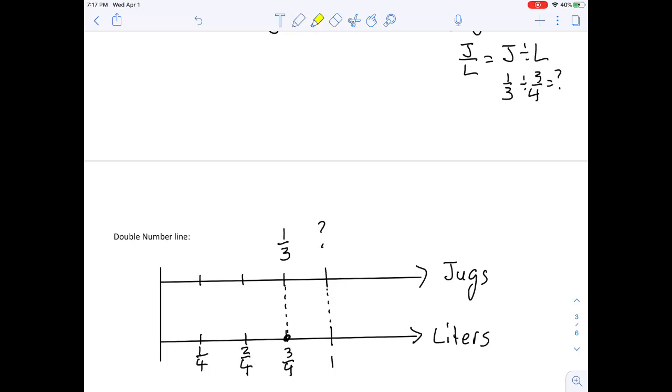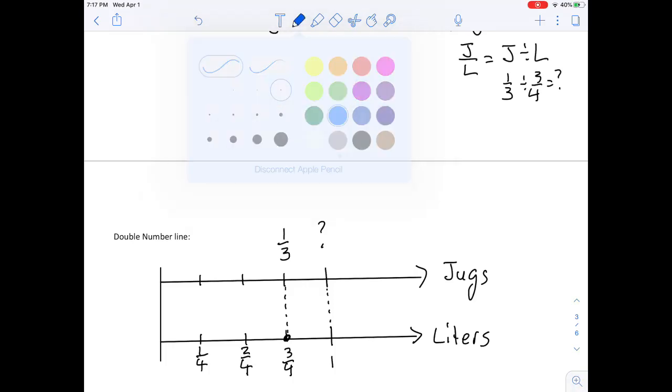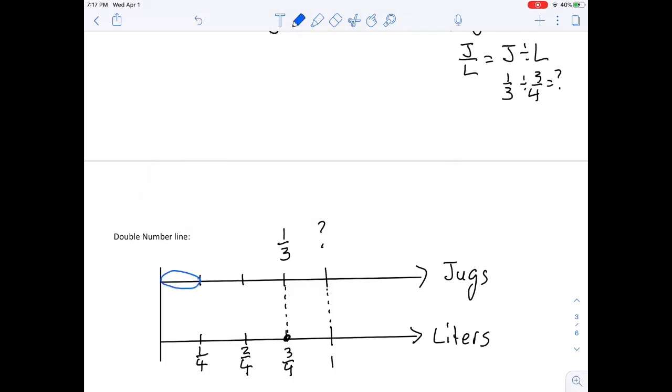So again, I want to count up my number of spaces, and then I'll have 4 sets of something. I need to know what one space is worth. So again, I'm going to think about this distance between 0 and 1/3, and I need to break it into 3 equal parts.